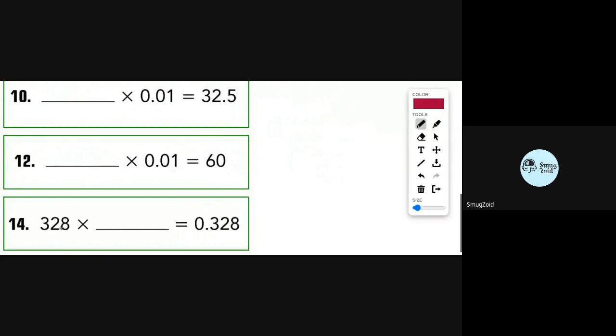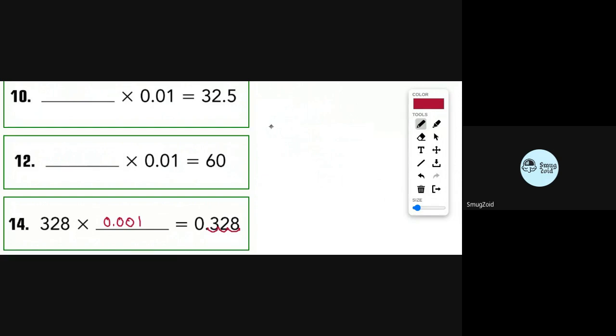This is tricky. Watch this one. This is 328 and this is 0.328. Well, what would it take to make that number? I got to move this, what? 1, 2, 3 times. So my number probably goes 1, 2, 3.